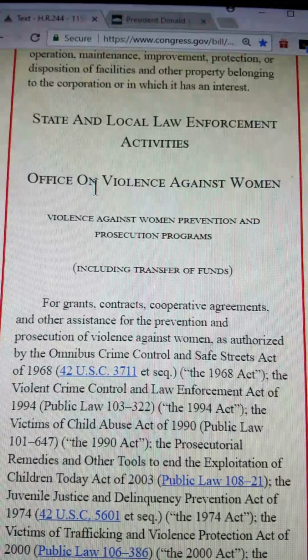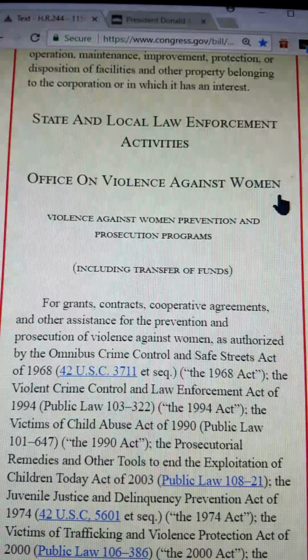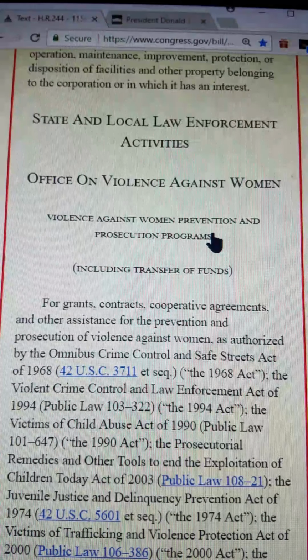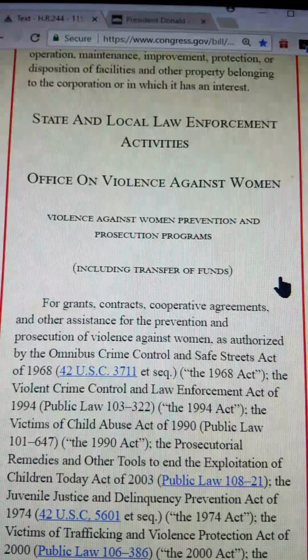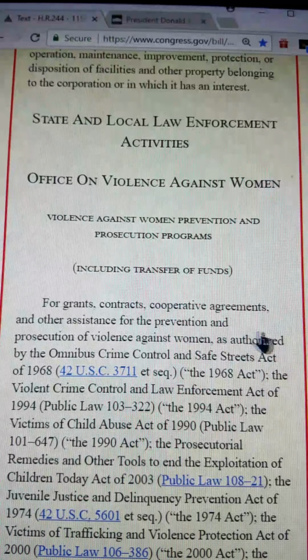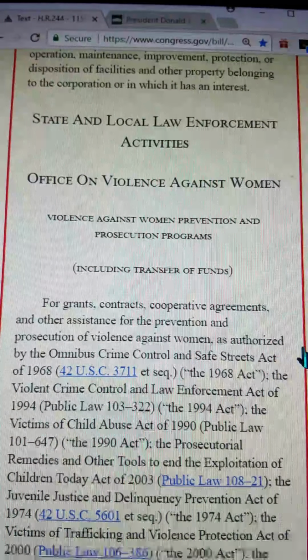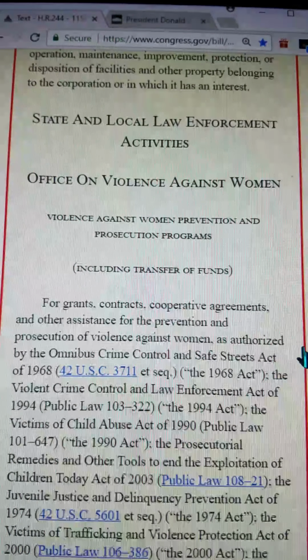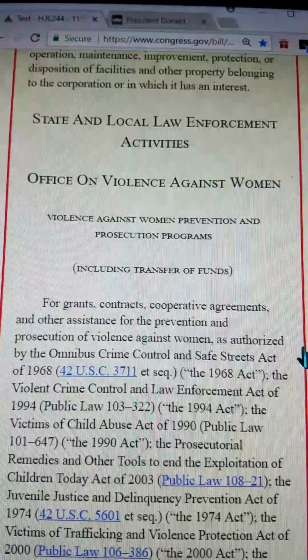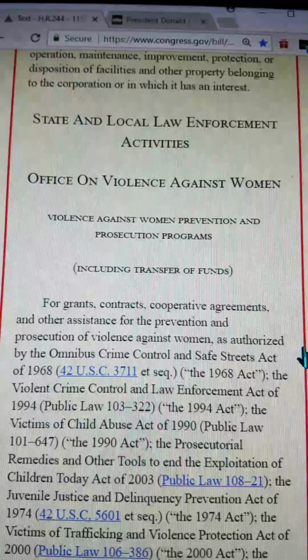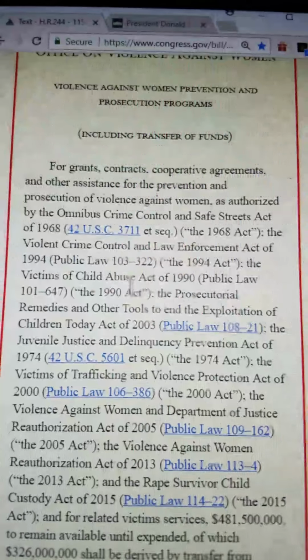activities, Office on Violence Against Women, Violence Against Women Prevention and Prosecution programs, including transfer of funds for grants, contracts, cooperative agreements, and other assistance for the prevention and prosecution of violence against women, as authorized by the Omnibus Crime Control and Safe Streets Acts of 1968.